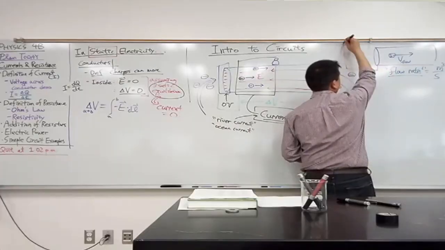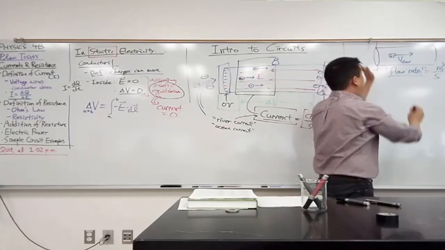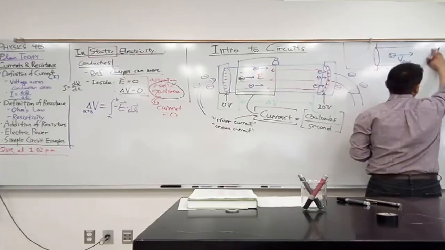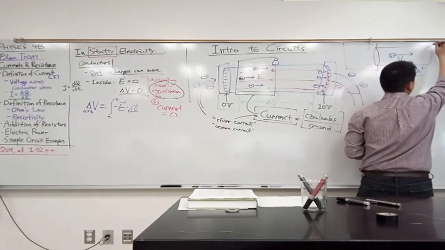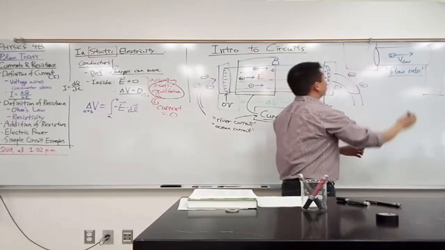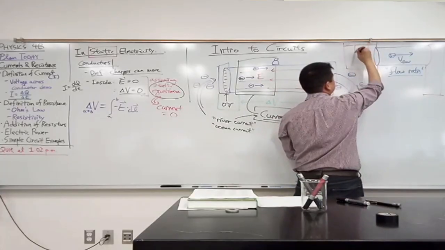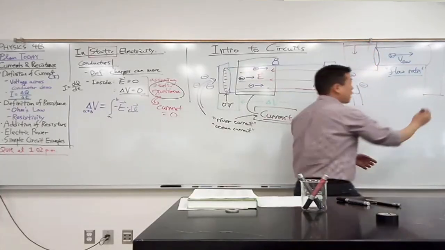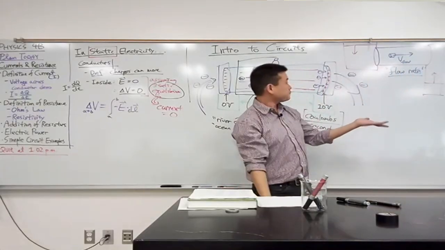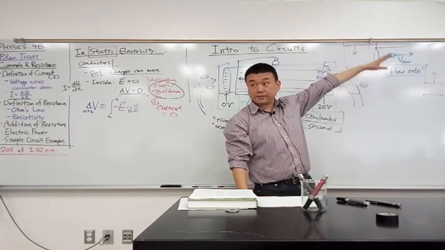Here's a water reservoir that you are drawing water out of, and here's the water reservoir at the other end that you are putting water into. You look at how much water this has lost and how much water this has gained, and it would be the same amount.